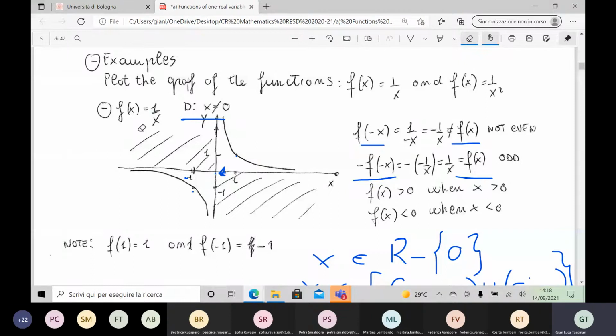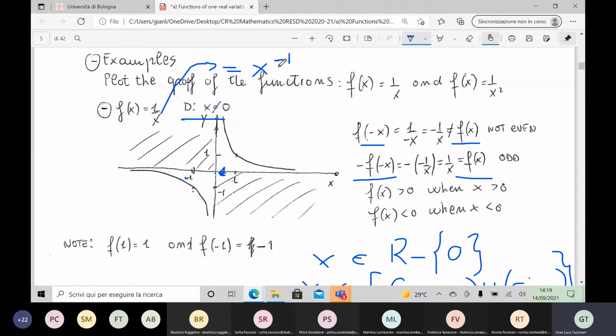You can rewrite it as x raised to the power minus 1. So guys, this can be seen also as a power function with negative but integer exponent. So it is x to the minus 1.